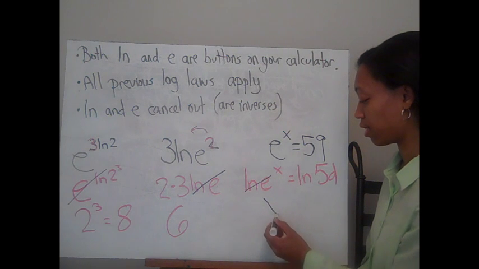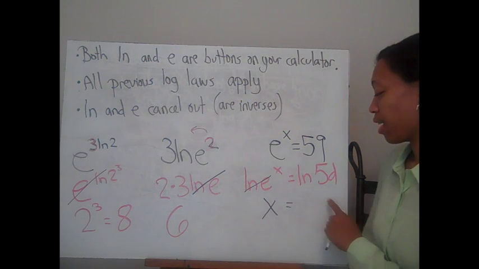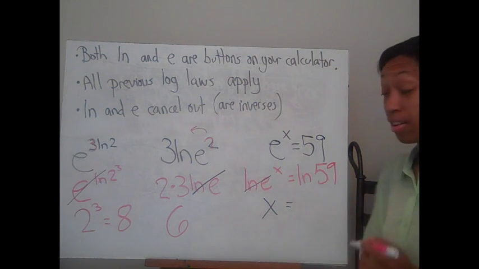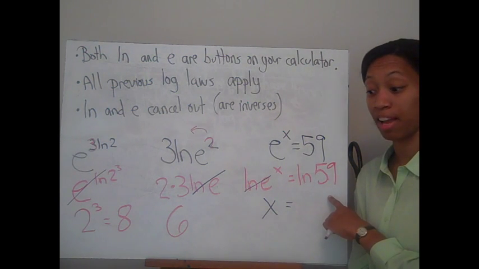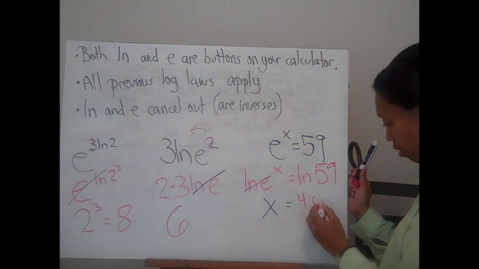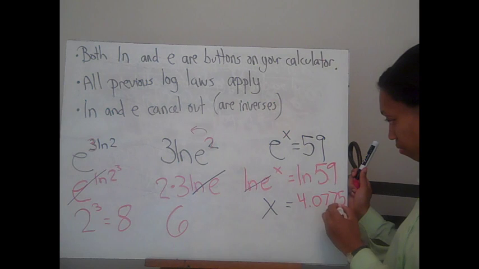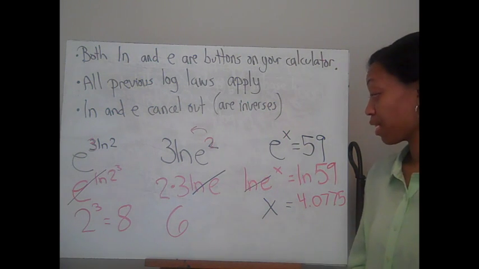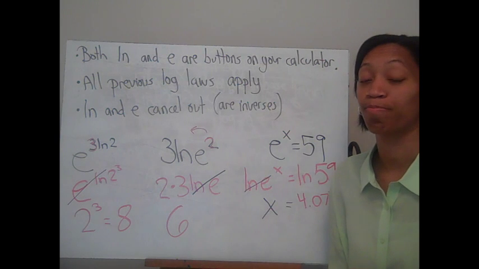Now I just have x on this side, and the natural log of 59 I can put in my calculator. It is 4.0775. So it's helpful to know that these cancel out.